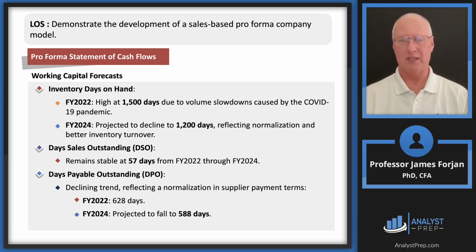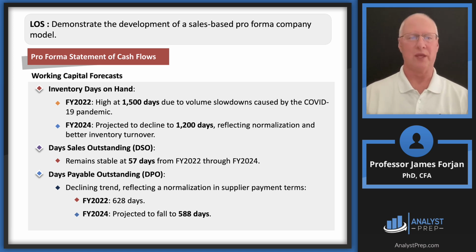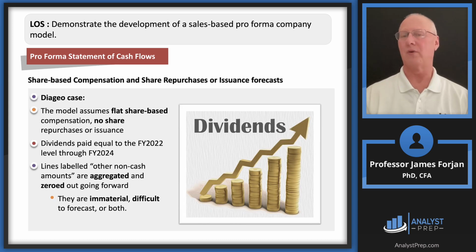I think it's fascinating that the Institute is including COVID in some of its conversations. We do the same thing here. Projected to decline to 1,200 days. That makes perfect sense. Days sales outstanding remain stable, and the days payable outstanding is going to fall to 588 days.